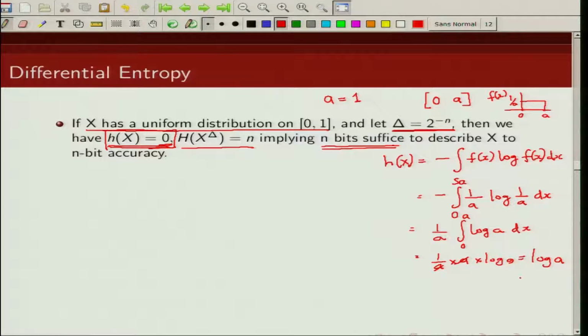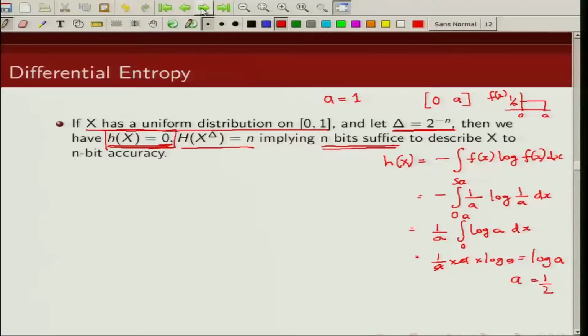For example, if A is a fraction, let us say A is half, then the entropy in this case will be log of half, which is minus log of 2, a negative quantity. So differential entropy can be negative. However, the volume of a typical set is positive.